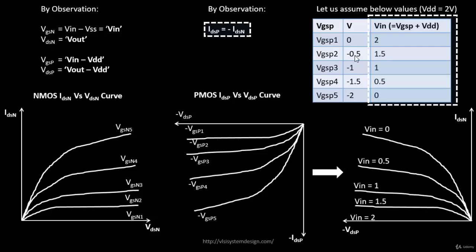Negative VGSP2 is negative 0.5, which is plus 1.5 volts, so Vin is equal to plus 1.5 volts. For this Vin, or negative VGSP of negative 0.5 volts, you see a drain current which lies at this point somewhere. Similarly, in terms of IDSN, the same drain current will lie somewhere over here. So for Vin equal to 1.5, your IDSN will be at this value, and this curve is equivalent to this curve because of the calculations that we just did.